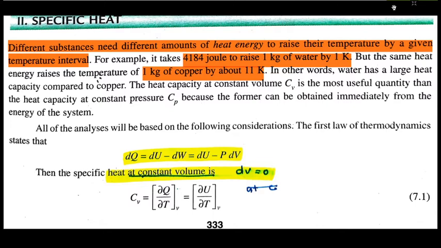But the more widely known specific heat used by physicists or chemists in the scientific society is the molecular specific heat. That means they refer to 1 kilomole or 1 mole of material, and the heat required to raise the temperature by 1 degree centigrade or 1 Kelvin is called the molecular specific heat.